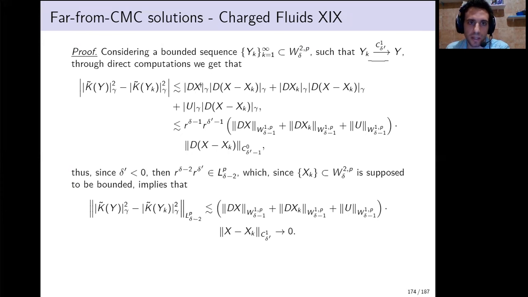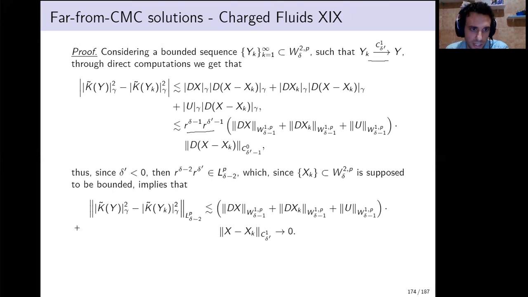These coefficients here give us this function appearing in front of everything. And this one here, using Sobolev embeddings in order to form this C0 delta prime minus 1 norm, gives us this other factor. And we have each one of these in each term. And again, since delta prime is below 0, we see that these functions in front of these constants actually are in LP delta minus 2.